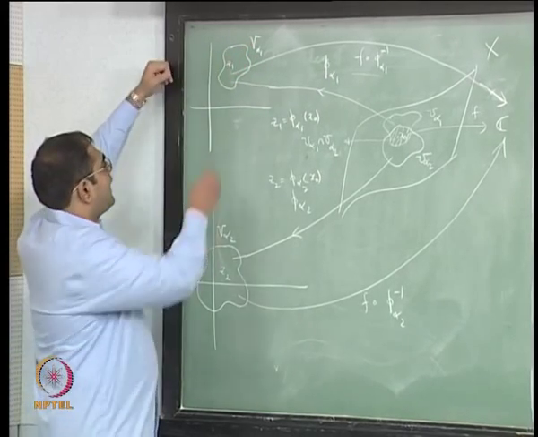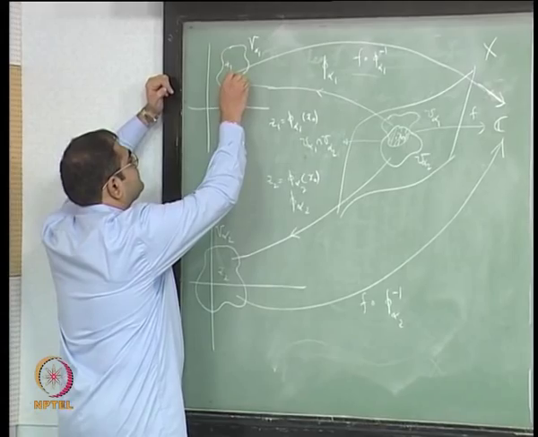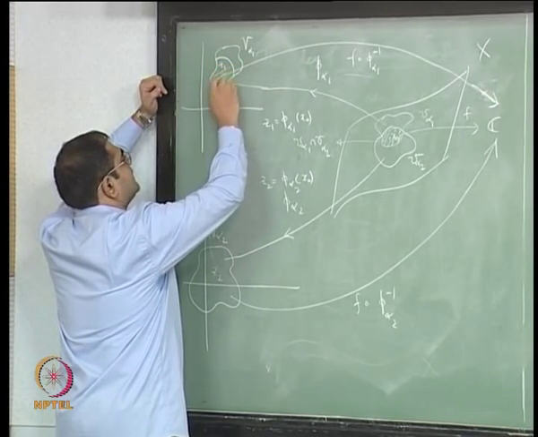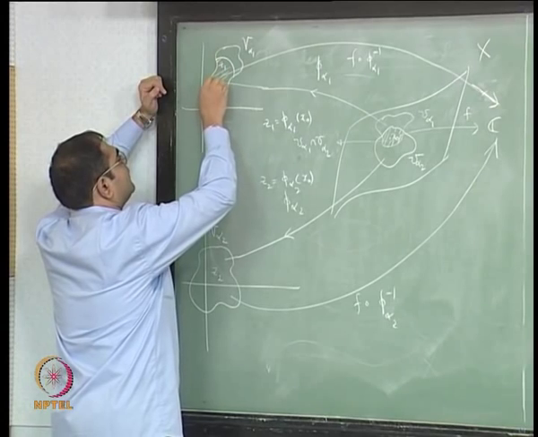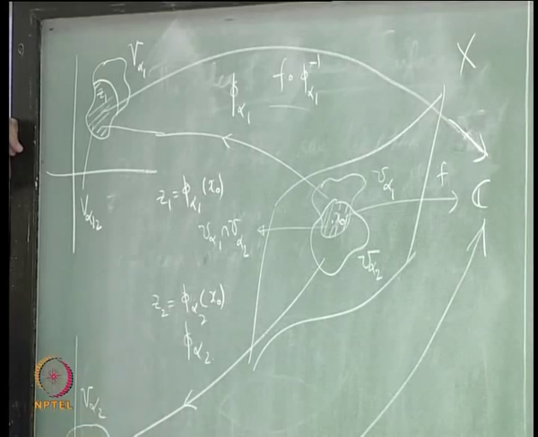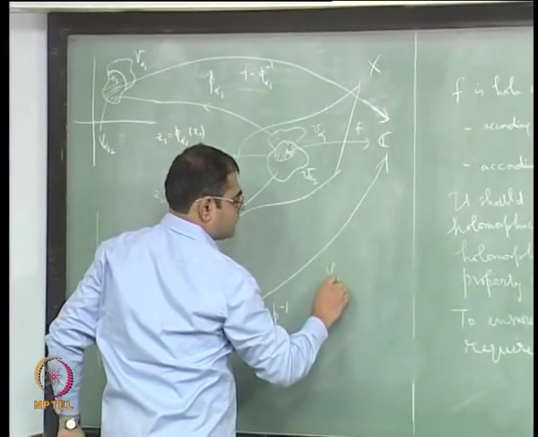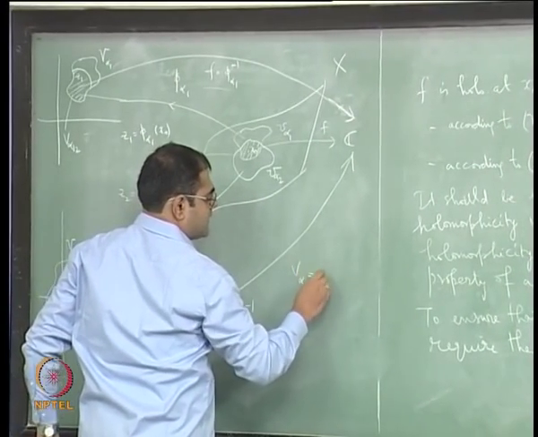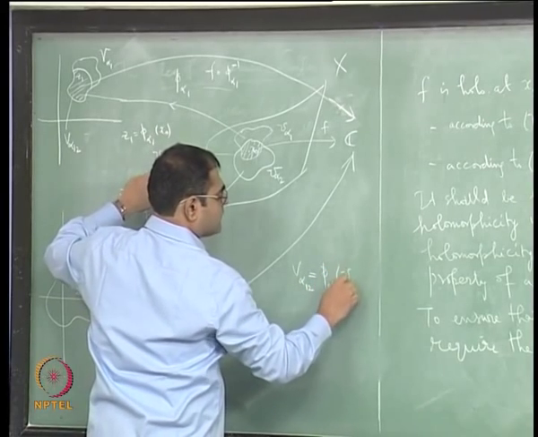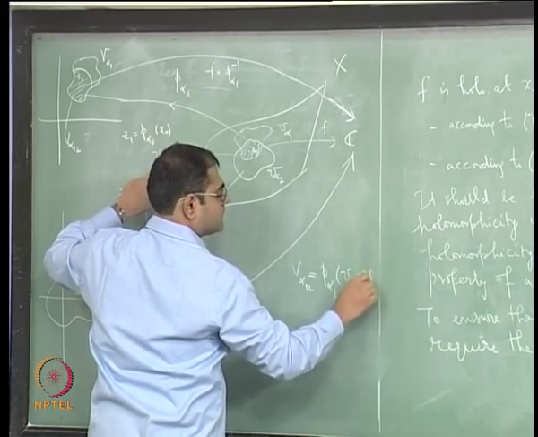So I will get an open set here which I would call V alpha 1 2, and V alpha 1 2 is just the image under phi alpha 1 of U alpha 1 intersection U alpha 2.